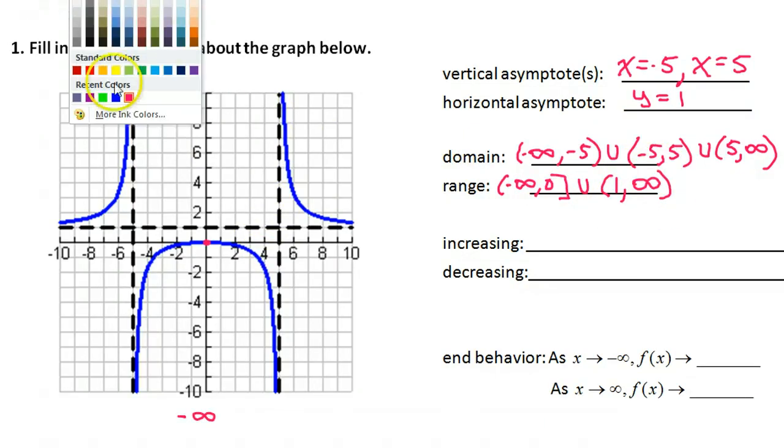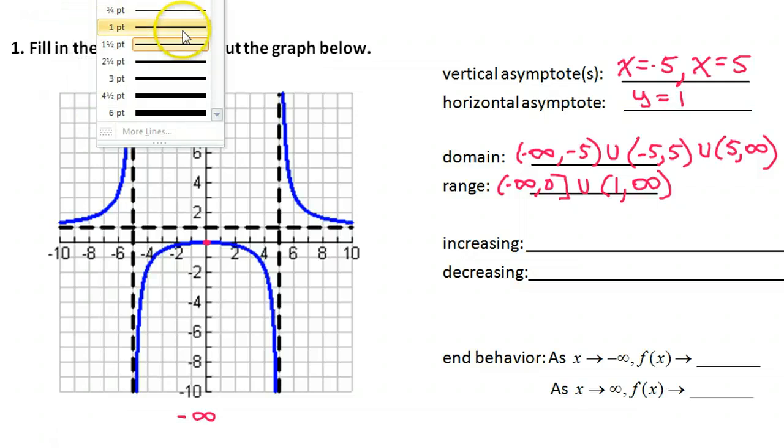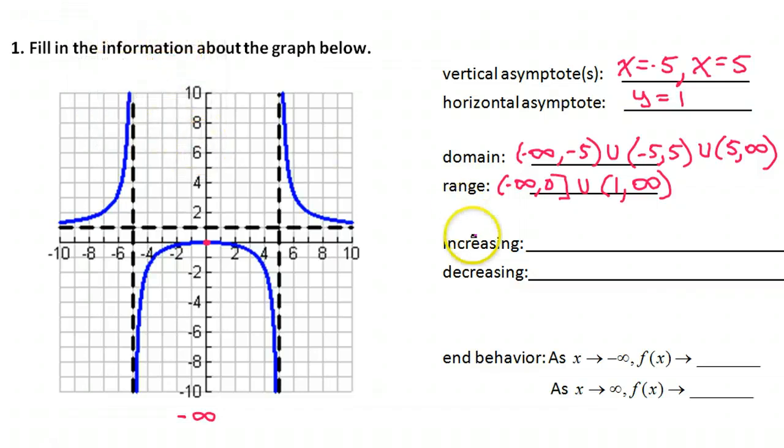Okay, now let's talk about intervals of increasing and decreasing. This portion of the graph, on the left, and you always read increasing and decreasing intervals from left to right. So from left to right, this portion of the graph is increasing because you can see how it's going uphill. So that's an increasing interval from -infinity to -5.